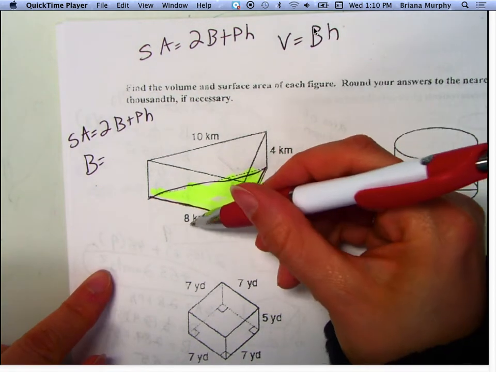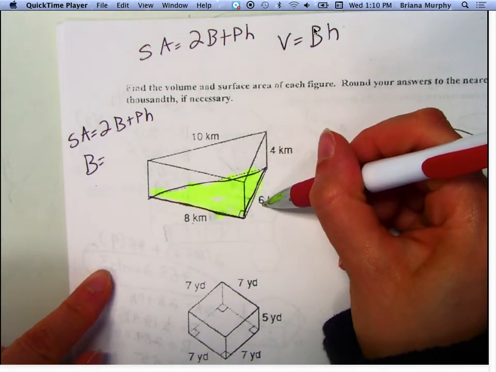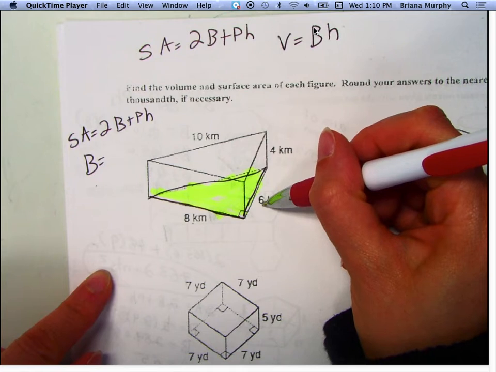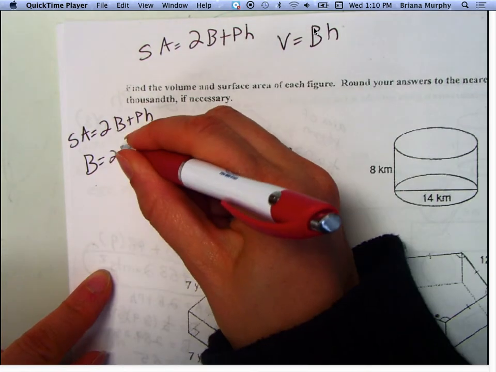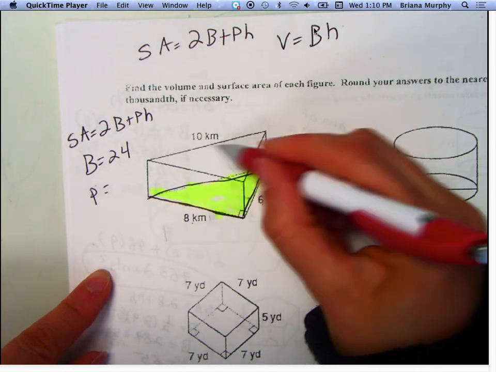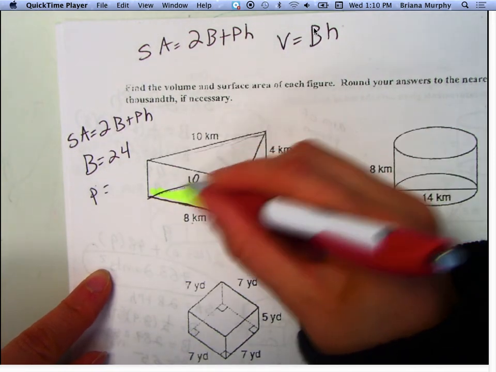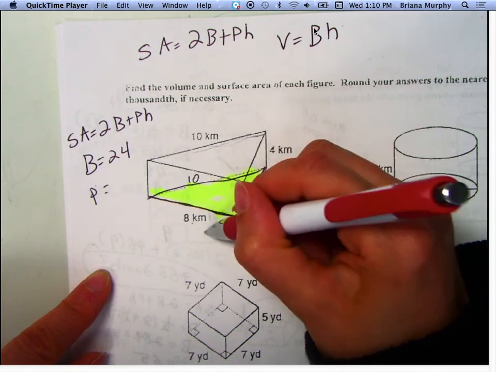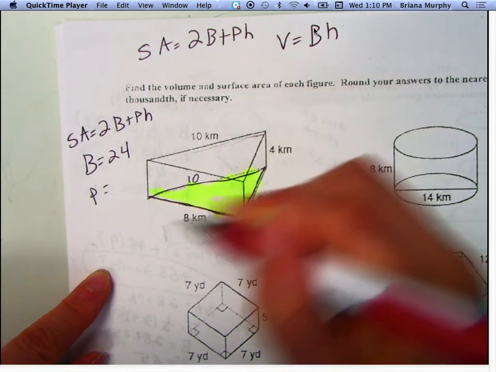So 8 times 6 times 1/2 is 24. The perimeter, we know that if this is 10 up here, it's also 10 down here, right? So 10 plus 8 plus 6 is 24.